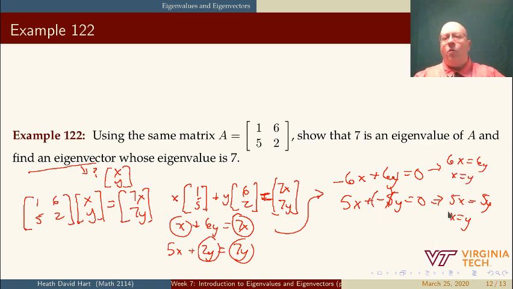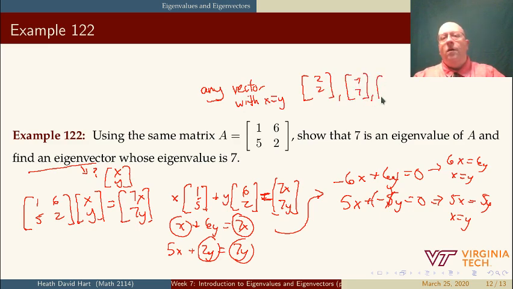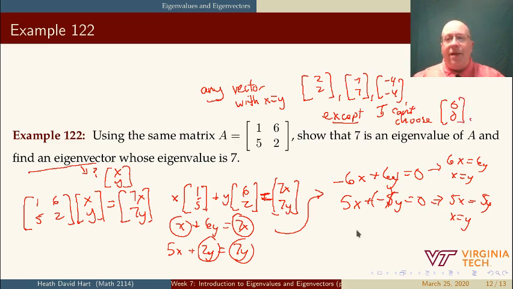So I just need a vector where x equals y. I can choose any vector where x equals y, like (2, 2), or (7, 7), or (-4, -4), except I can't choose (0, 0) because the 0 vector is not allowed to be an eigenvector.